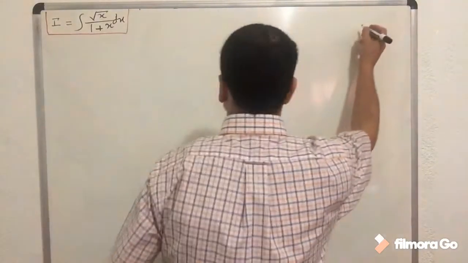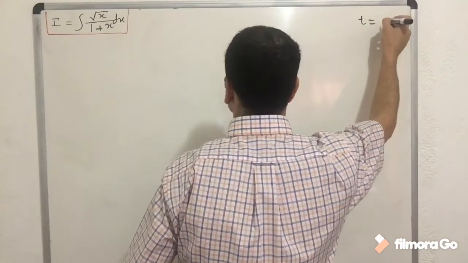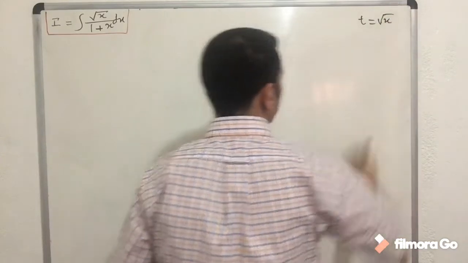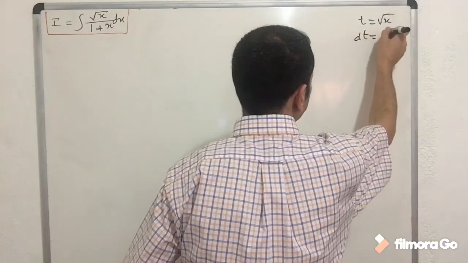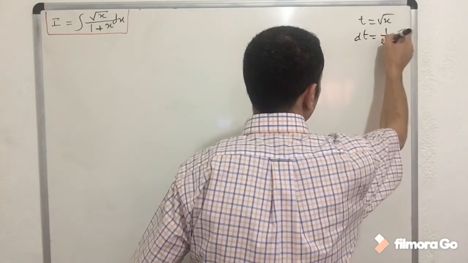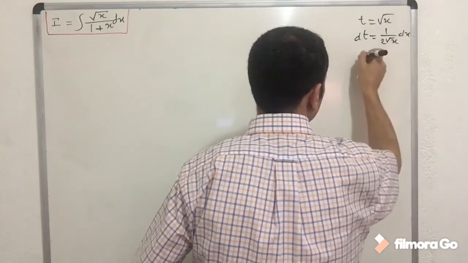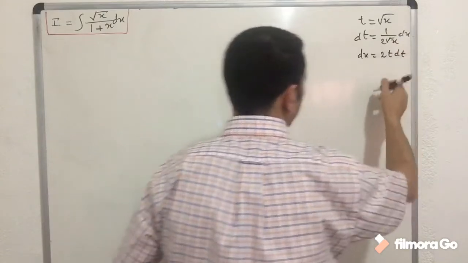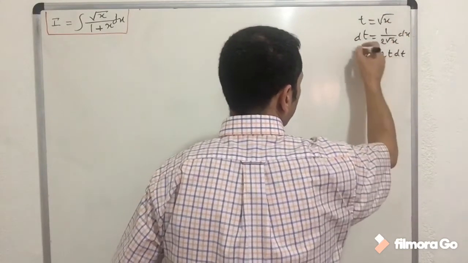Okay, let's see. Let's do, for example, you put t as a substitution. Put t equals square root of x. Let's differentiate this one. dt becomes 1 over 2 square root of x dx. So our dx equals 2t dt. You replace square root of x by t, and you will find this.